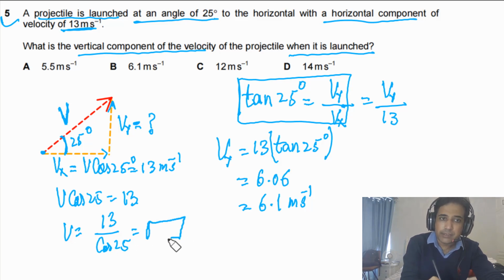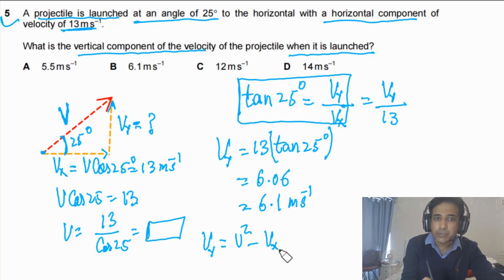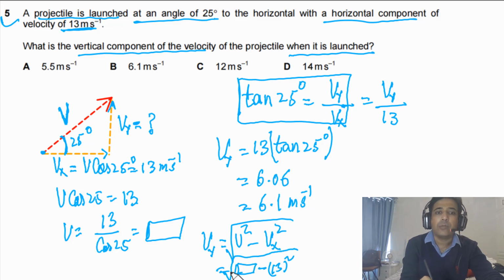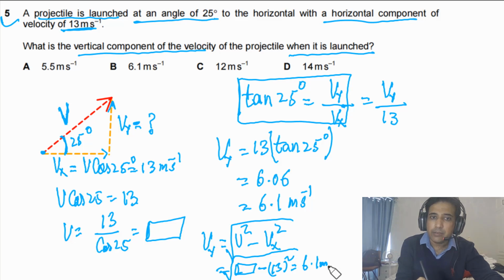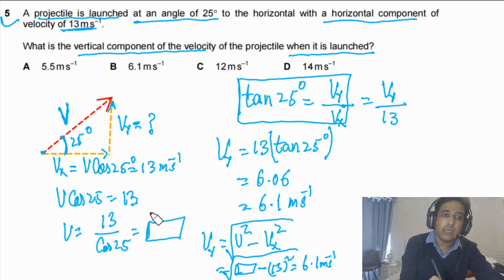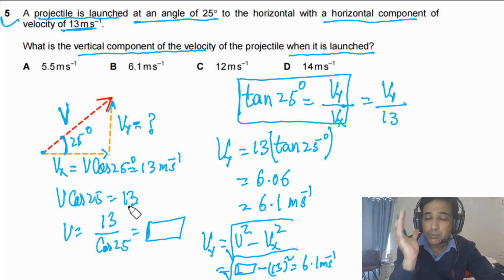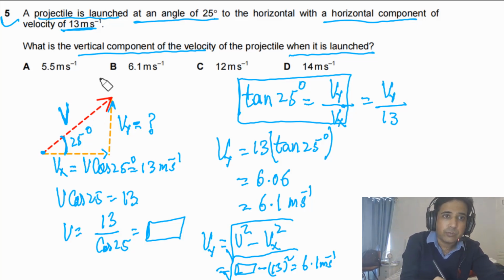You will get one answer here, and then you can write down vy. This will be equal to the square root of v squared minus vx squared. So we have the answer of v here, vx we have, that is 13, and if you solve this one, again your answer should be 6.1 meters per second. So this is an alternate approach to answer this question. So the answer for this question should be B. So this is the right answer.